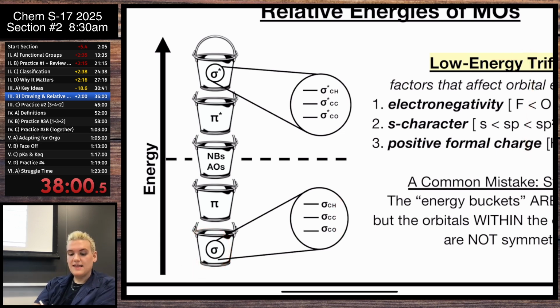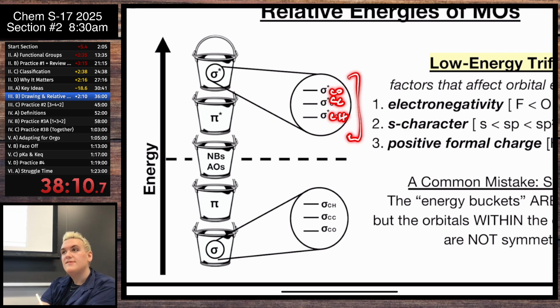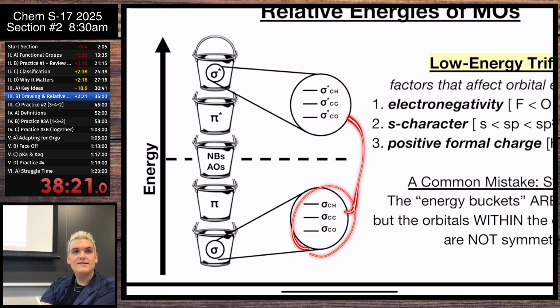You can't just flip them all up and say, okay, if this is the lowest, then this sigma CO should be the highest, then CC, then CH. That is probably the most common mistake I see on exams for the MO diagram, people assuming that these sublevels are going to be symmetric with the bottom, when it's actually going to be kind of a copy and paste in terms of it.